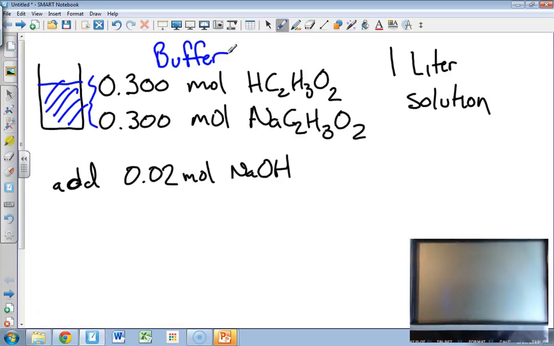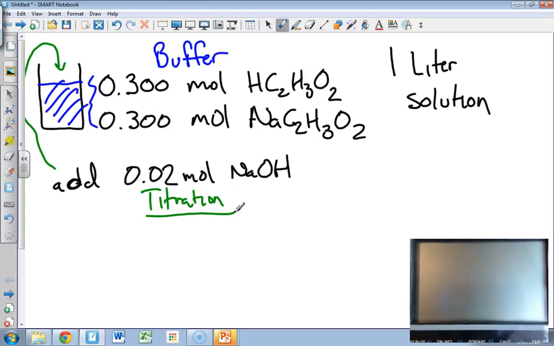Now what you're experimenting with is you're going to take 0.02 moles of sodium hydroxide and you're going to add that, and so this is kind of the titration part.